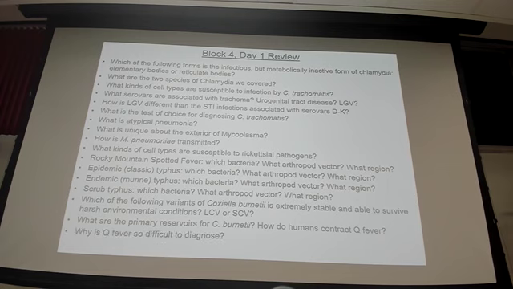Why is Q fever so difficult to diagnose? The presentation is difficult, it's rare. You get like 200 cases a year in the United States, so we don't see it very often. CDC would probably have to get involved. Is it a biological threat agent? It is.